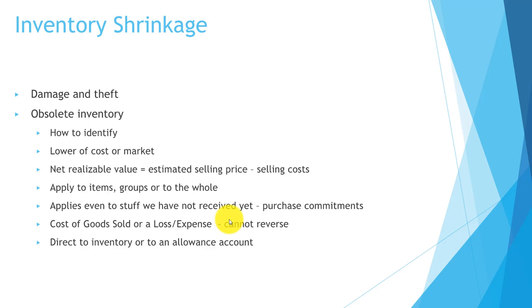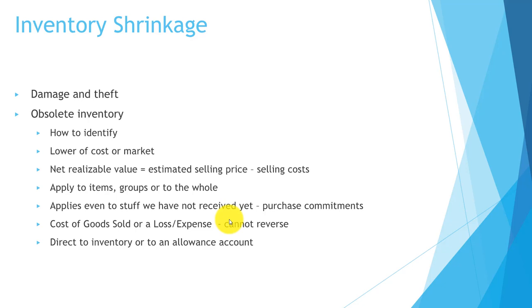This applies to even stuff we have not received. For instance, if you have agreed to buy inventory at a particular price in the future, you haven't actually ordered it or received delivery, but you have a firm commitment that says, I'm going to buy 10 of these each month for the next 2 years, and this is the cost.